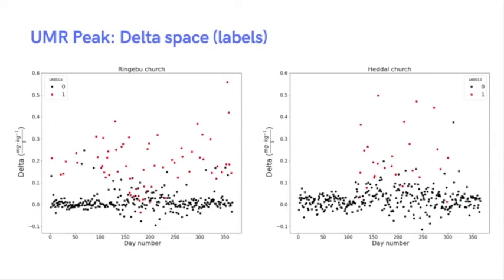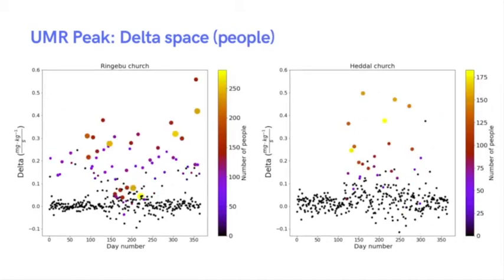This is true except for Ringebu summer, let's say, where things are more confused, maybe because of dry weather or open windows, which make it more difficult to detect events. Here we can see the same plot, but not with label 0 or 1, but with the number of people that visit the churches, and we can see that there is a relation between the value of delta and the number of people.